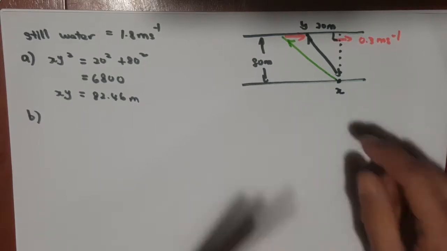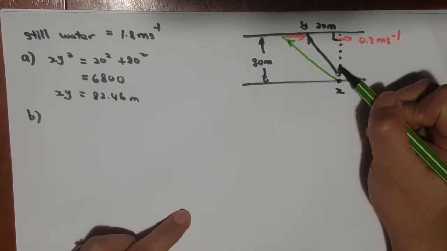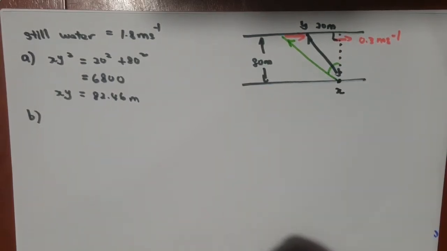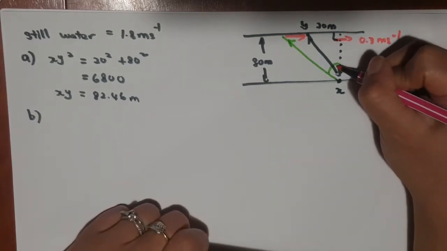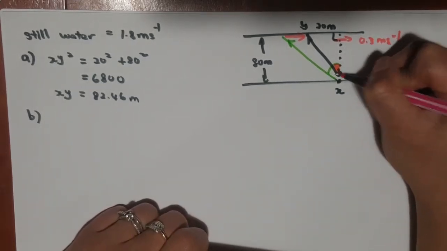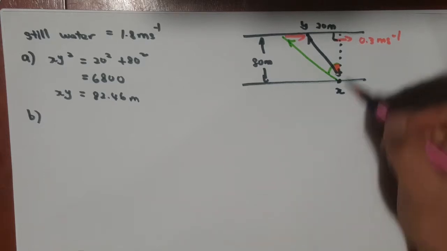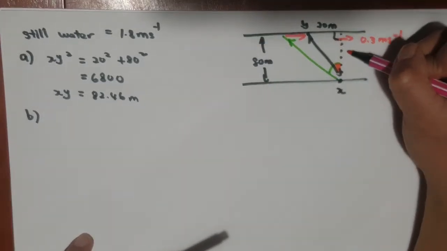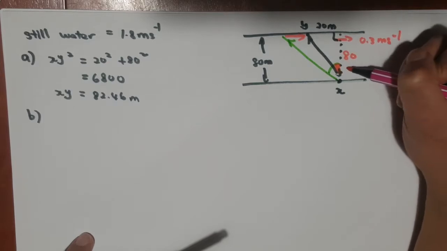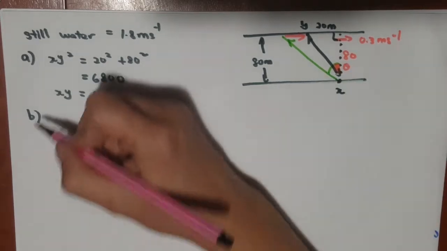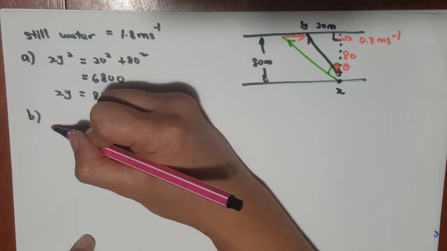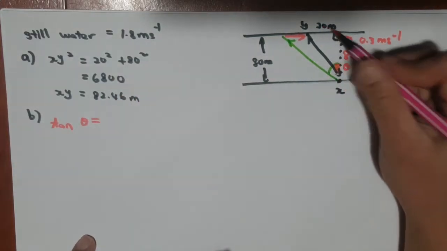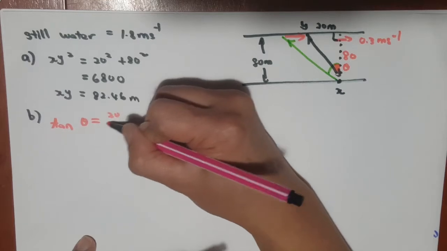In order to get this angle here to determine the direction, we could first get the value of the smaller angle here. We know that this side is 80. To get angle theta, we can consider tangent theta is equivalent to opposite over adjacent.